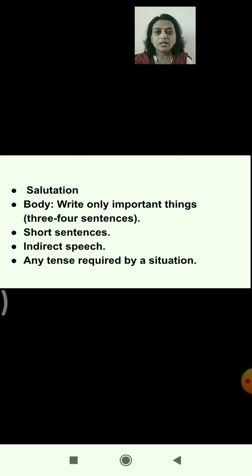Whatever is important, you have to include, so that the other person who is receiving the message will be able to understand what exactly you want to say or inform, and then the person will be able to go ahead in his or her own way. These are the important points to keep in mind.